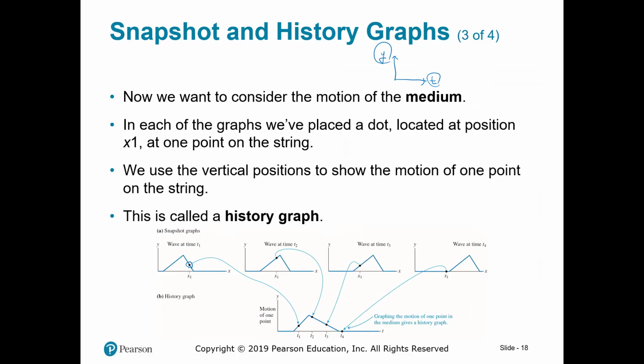So this is a position x1. In other words, for the history graph, you observe at a fixed position. You just observe the Coke can, right? You only observe the Coke can's height as a function of time. So this is your snapshot graph.